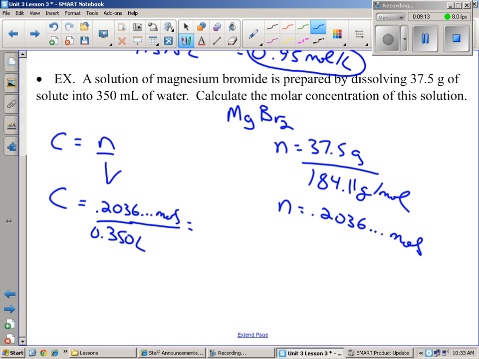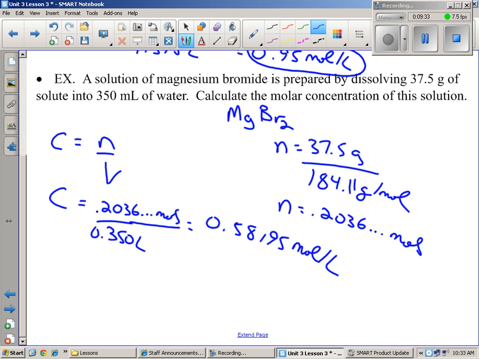So now we have moles over liters. Divide the two, and that'll be what we call the molar concentration. So dividing by 0.350, we get 0.58195 moles per liter.